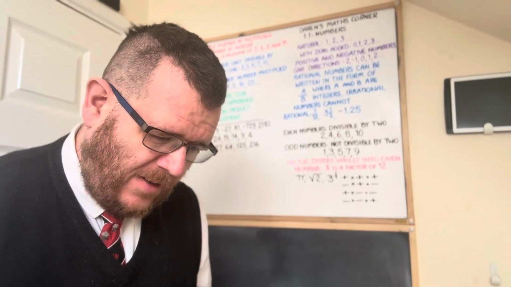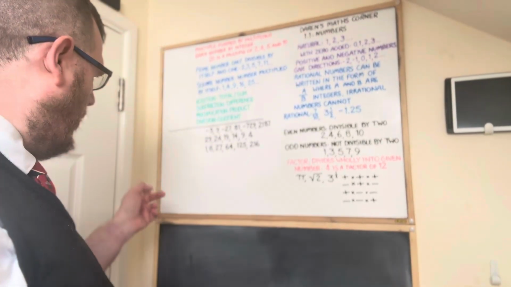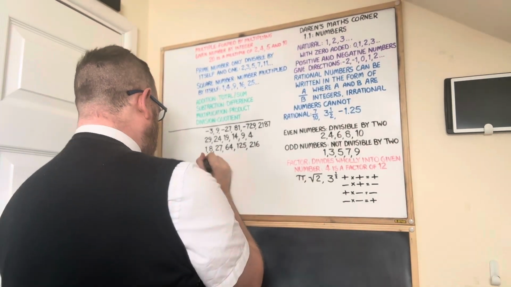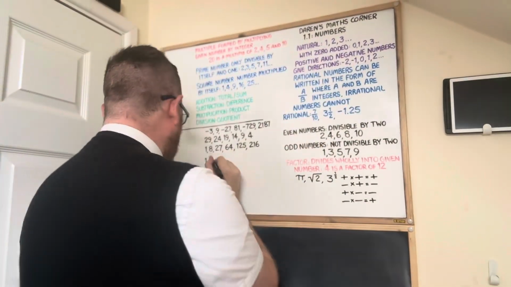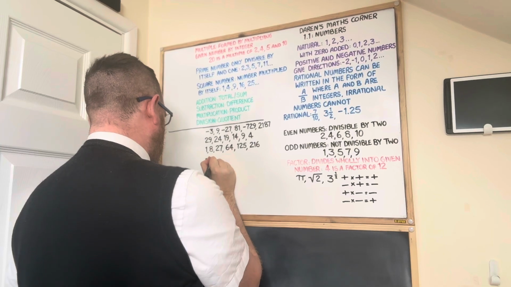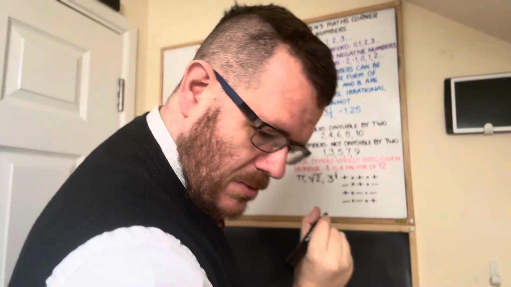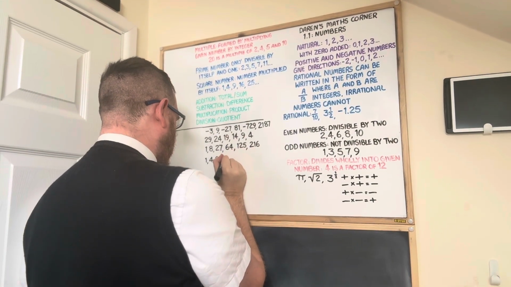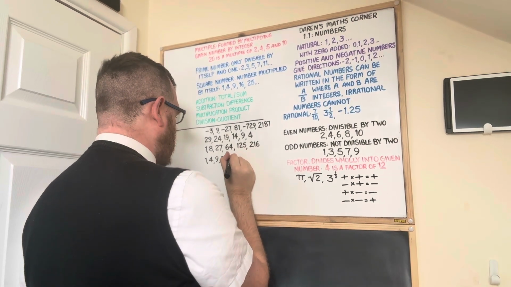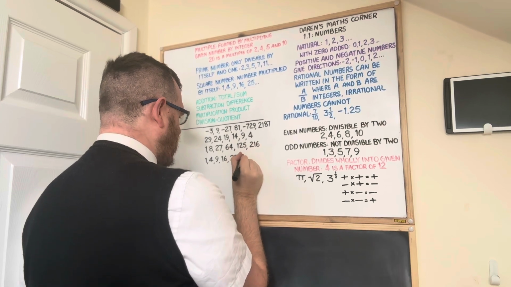Now, the next one that follows is another interesting one. Don't be fooled by it. What we'll do is write down the square numbers that are next in line. So you've got 1, 4, 9, 16, and then 25 and 36.